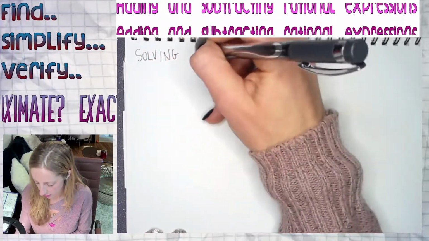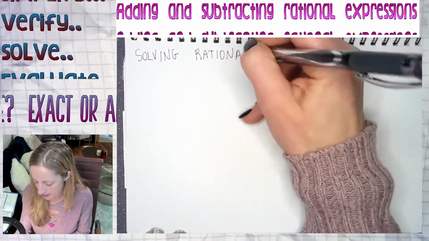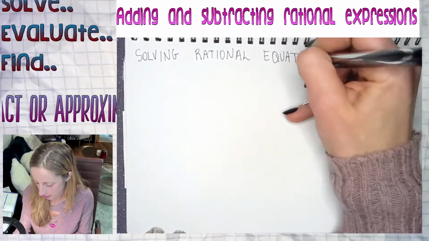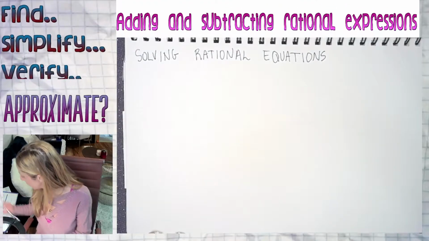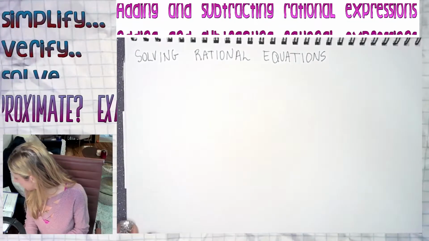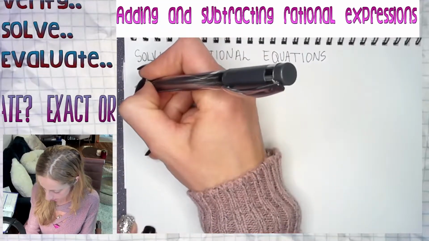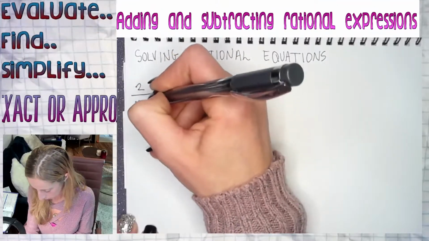All right, so solving. So we're building rational. Now, what's the difference between solving and simplifying? When you see those words in your directions, what's the big difference? The equal sign?